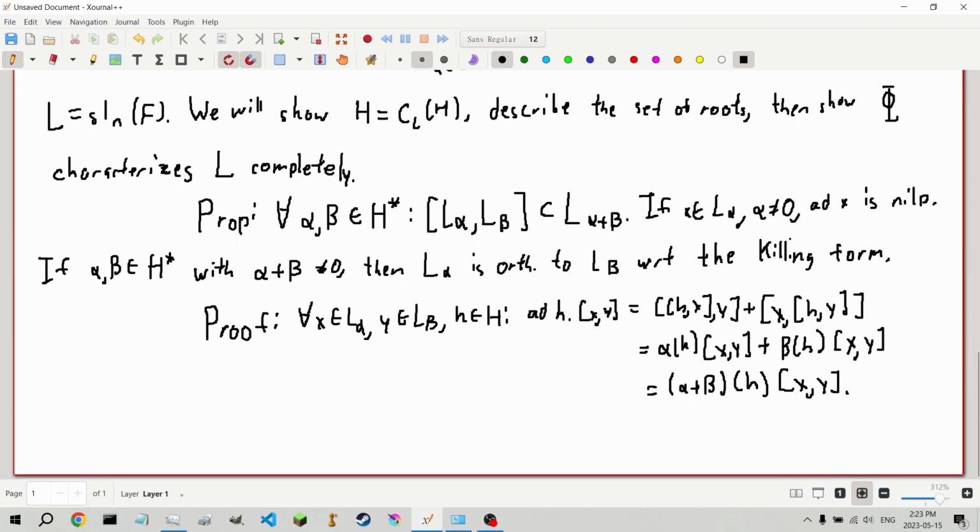For the third one, find H in H with alpha plus beta of H being non-zero. Given that we're assuming that alpha plus beta is non-zero, by definition there must be some element which maps to a non-zero element.